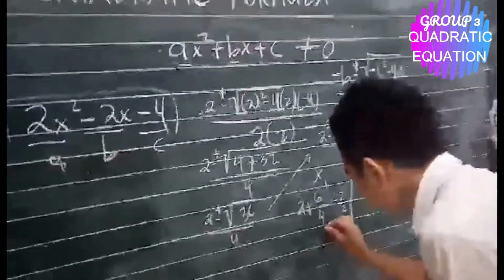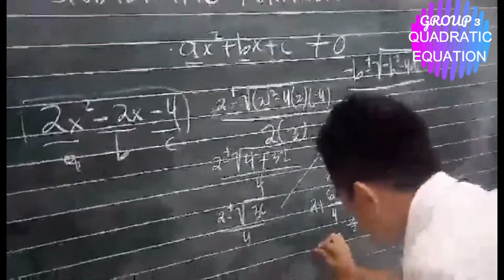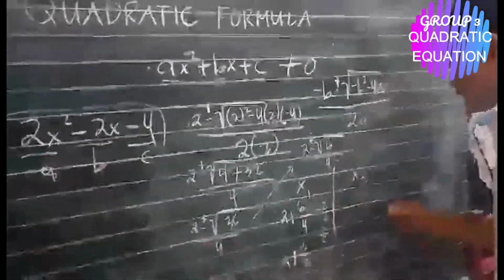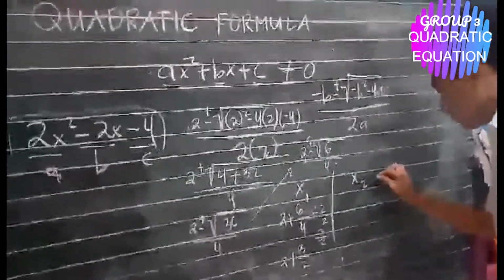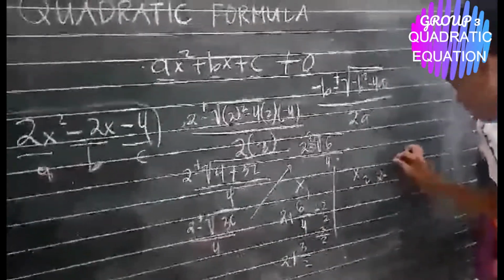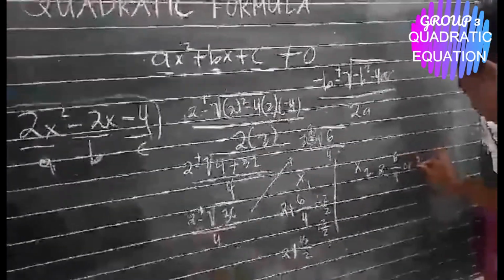And the answer will be 3 over 2. So it will become 2 plus 3 over 2. And our x sub 2 is just 2, and we are going to use the negative sign, minus 6 over 4 or 3 over 2.